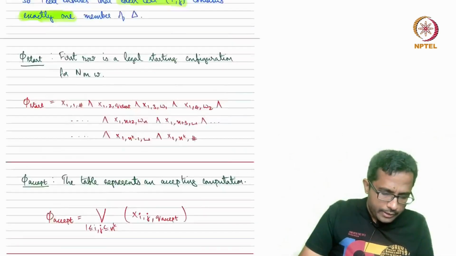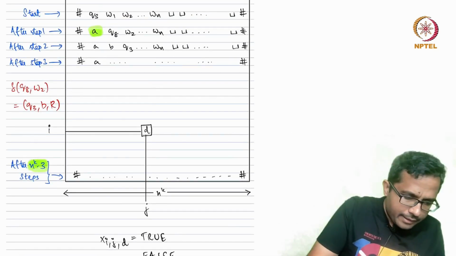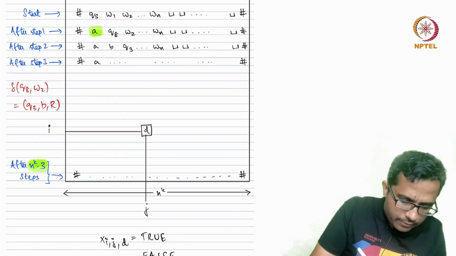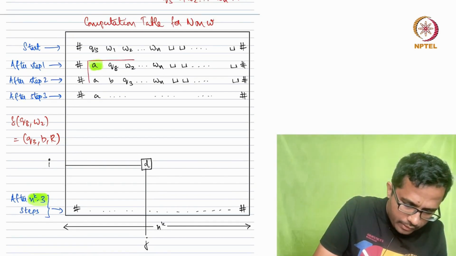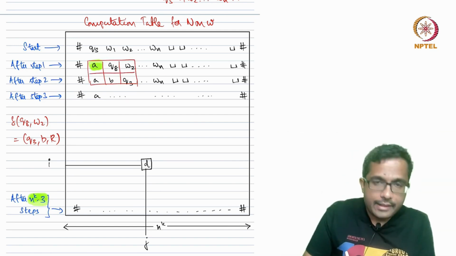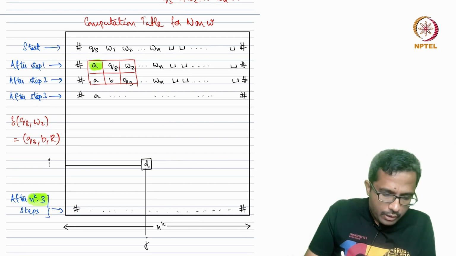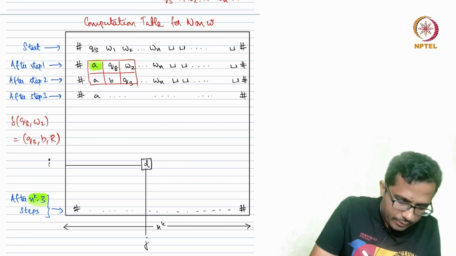So what we do is think of there being windows like this. When I say window, I am talking about a part of the table which has 2 rows and 3 columns. Think about this window moving one step.